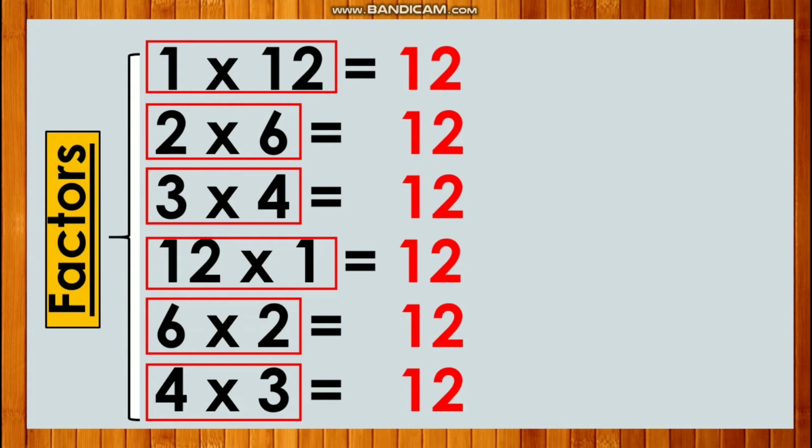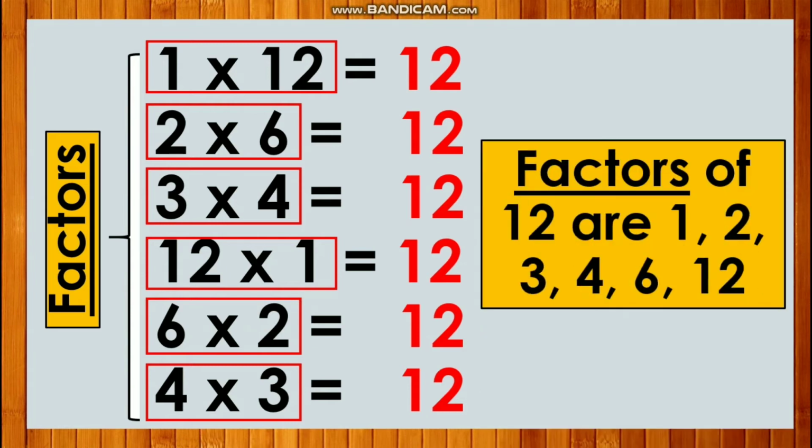As shown in the illustration, these pairs of factors have the same product of 12, which is the total number of marbles. Therefore, we could say that the factors of 12 are 1, 2, 3, 4, 6, and 12.